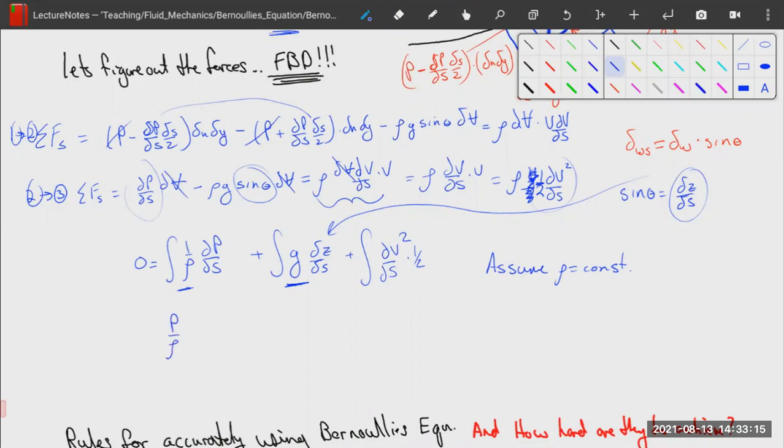We get pressure divided by rho plus 1/2 v squared plus gz is equal to a constant. And that constant is the result of that indefinite integration, right? So that's actually pretty easy. And this is our Bernoulli's equation.